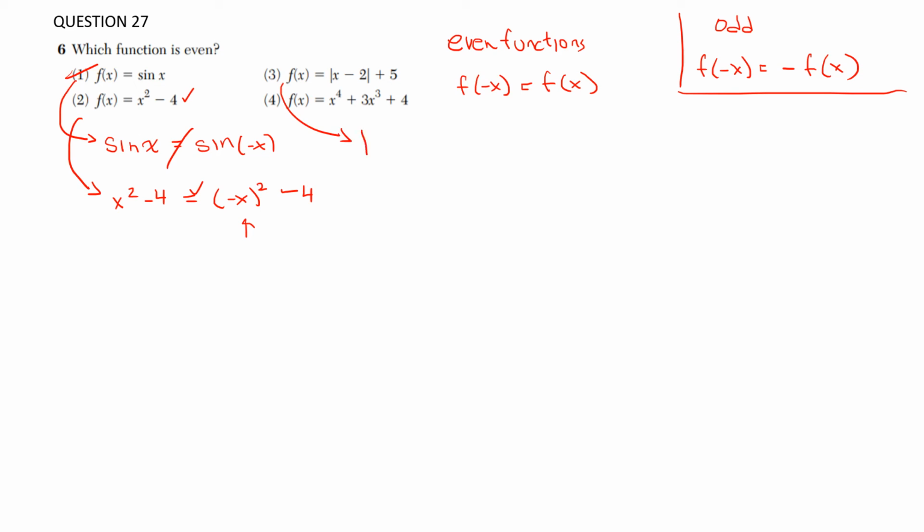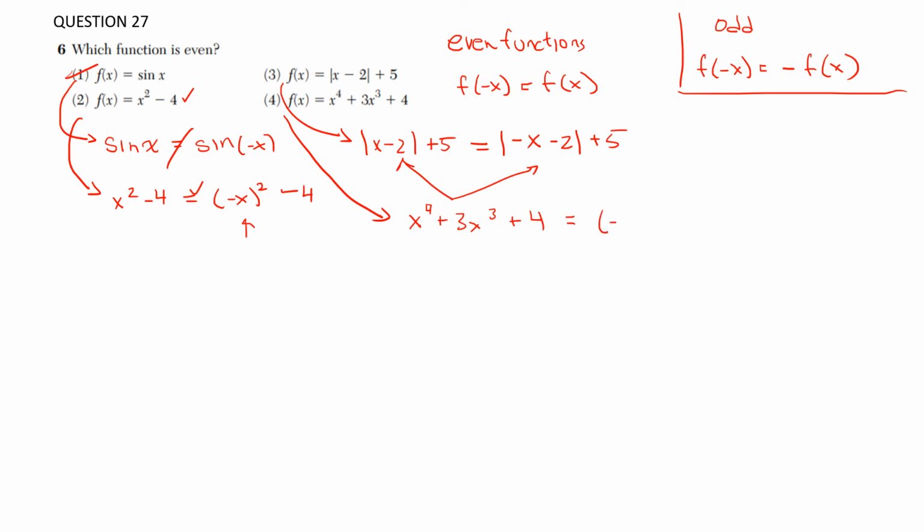This is the absolute value of x minus 2 plus 5. Now does that equal the absolute value of -x minus 2 plus 5? No, it doesn't, right? These values inside the absolute value do not end up being equal. Let's look at answer choice 4. You have x to the 4th plus 3x cubed plus 4.